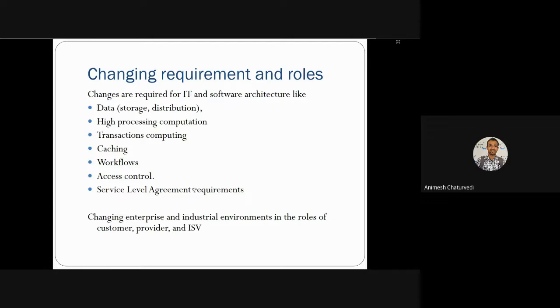Then caching, how fast data could be cached, like the images that you fetch from Facebook. These are basically stored in some edge server which is near your location. Then workflow. Workflow means how the process and sequence of cloud computing should work, moving from one stage to another stage.